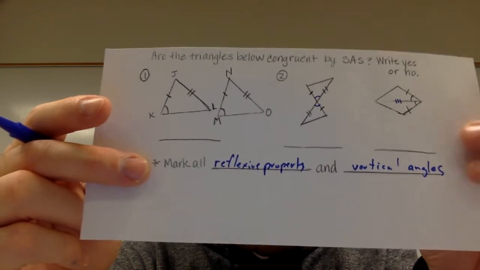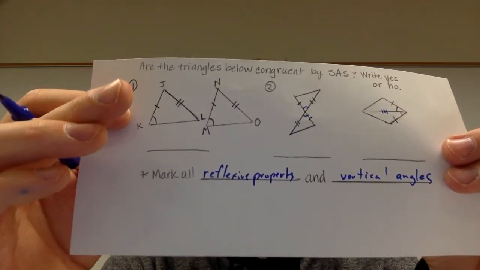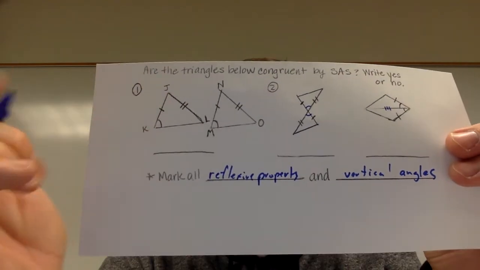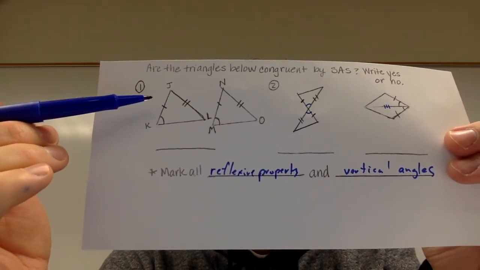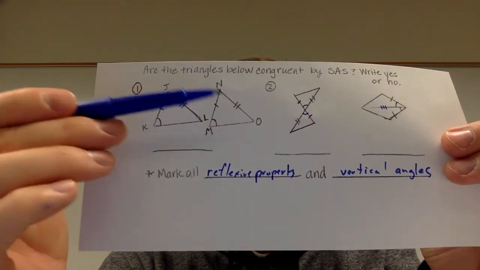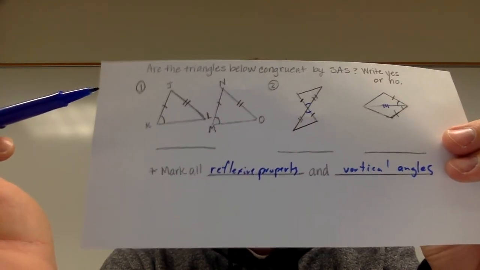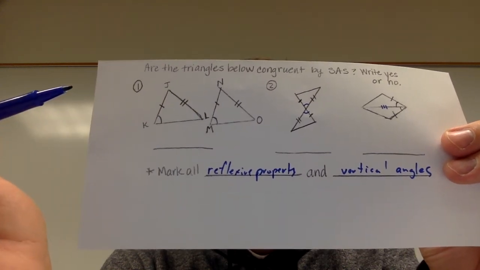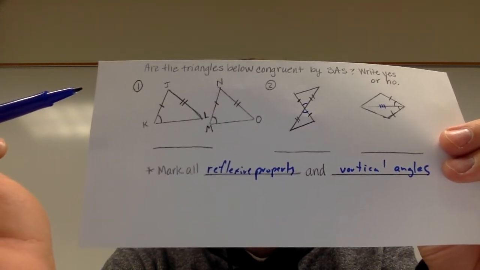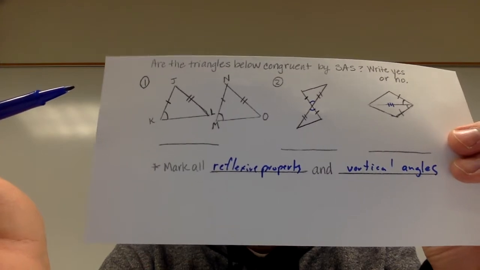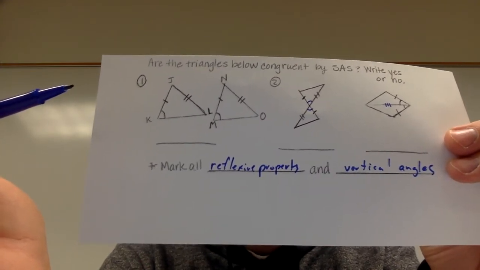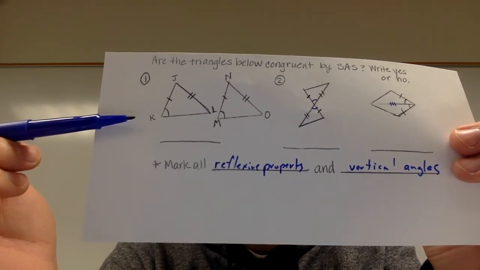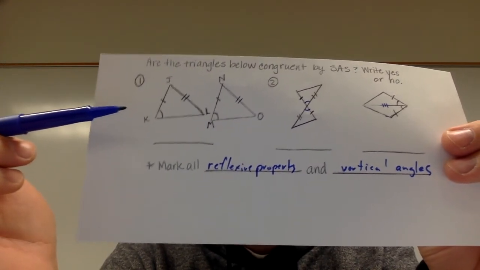Now let's take a look at number 1 and try to figure out whether they are congruent by side, angle, side. I notice when I look at number 1, they do have two sides that have identical tick marks, and they do have an angle. Angle K and angle M are in fact congruent, but there's a problem. In side, angle, side, the A is located between the S's, meaning the angle must be surrounded by the sides that are congruent.